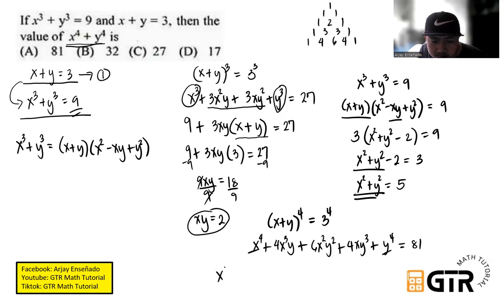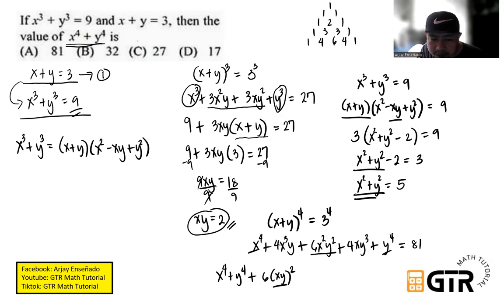Okay, so now let's isolate x to the fourth and y to the fourth. So that's what we are looking for, x to the fourth plus y to the fourth. And then we have the value for xy. So let's factor out the 6x squared y squared, so that is plus 6, and x squared y squared can be written as (xy) squared. But remember, we have the value for xy, that is equal to 2.